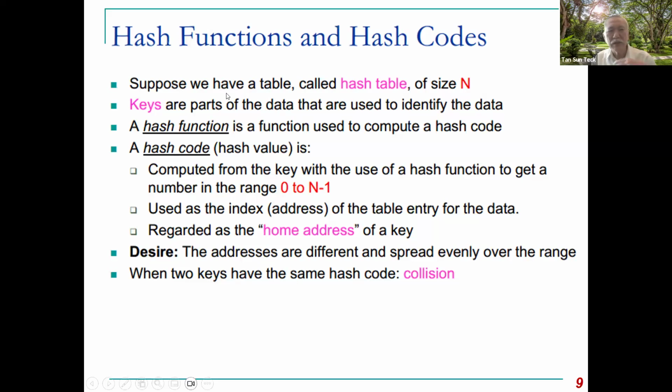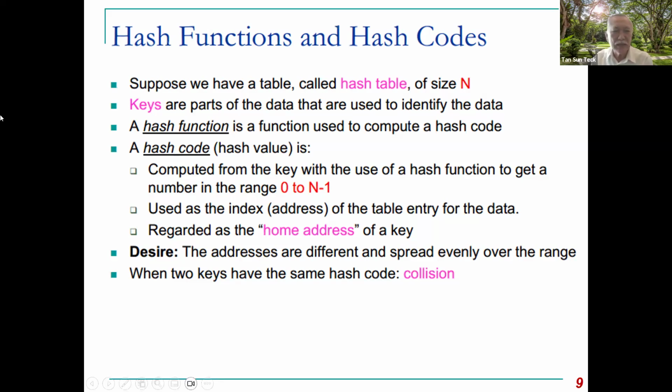The function is any function that you can create. Subsequently, we are going to mention what are the good or popular hash functions that people use for hashing. The hash code is computed from the key using the hash function to get a number in the range.